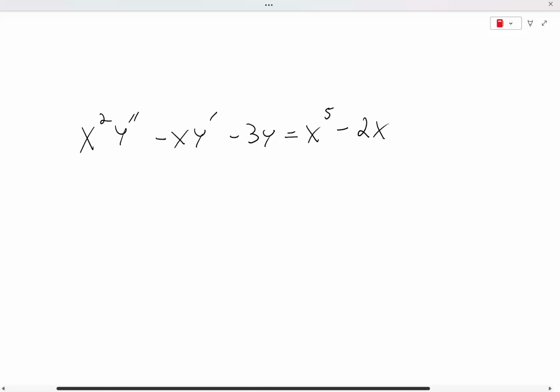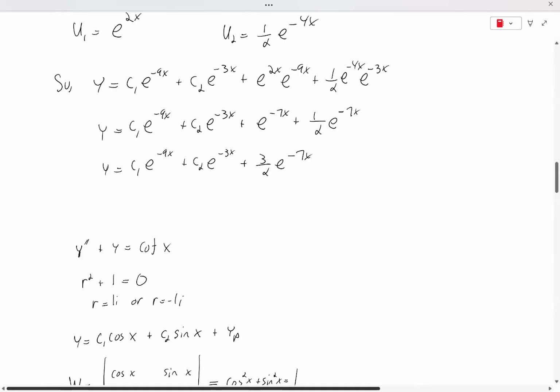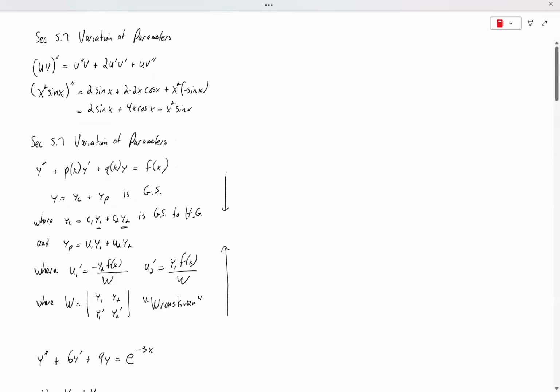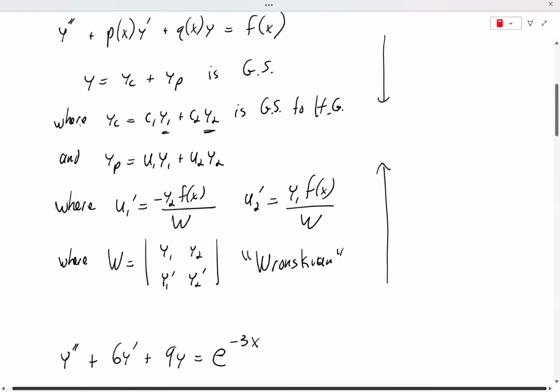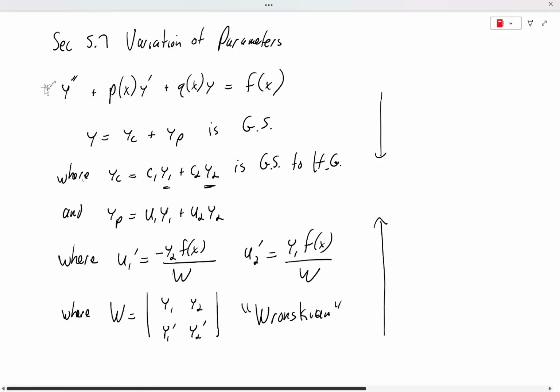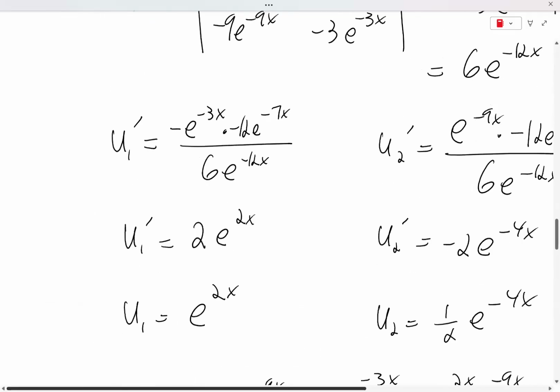Basically, though, to use variation of parameters, you've got to get it in the correct form. I'm going to start off variation of parameters here tonight. You see, this is the form up here for everything to work. There's a 1 in front of the y double prime.